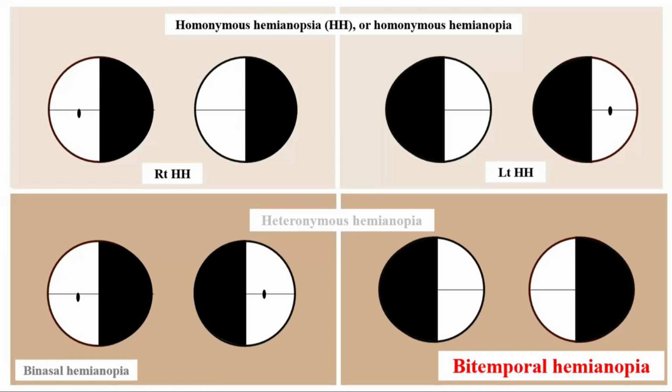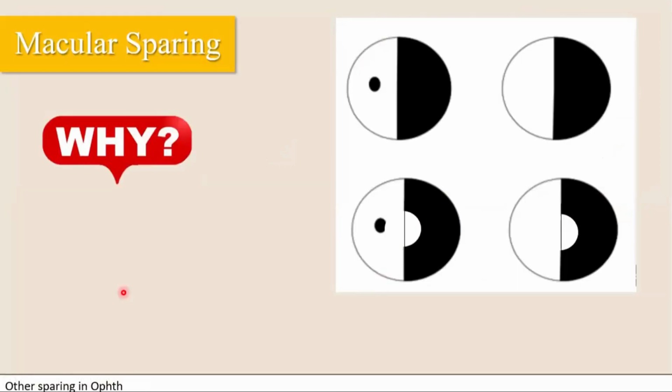Okay? And again, this is a right homonymous hemianopia, respecting the vertical meridian, of course. But there are two types of right homonymous hemianopia, this one and this one. Do you know what we call this one and what we call this one?